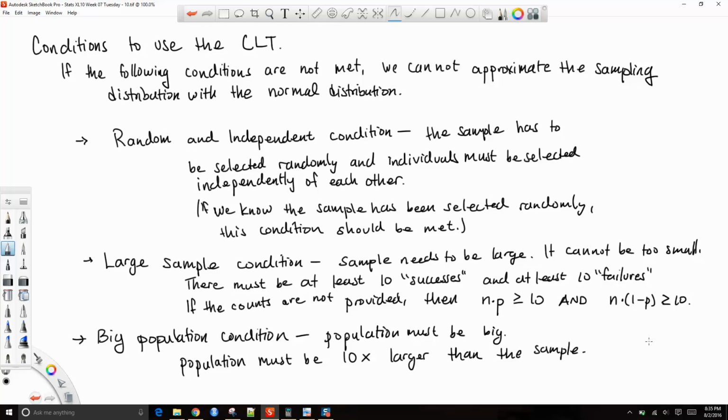Or conversely, do not sample over 10% of the population. Okay, good?